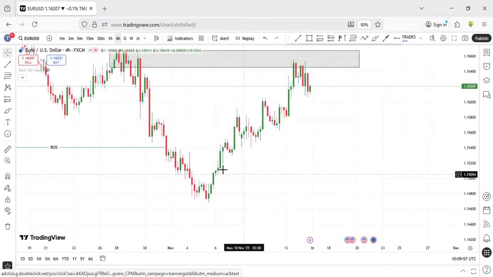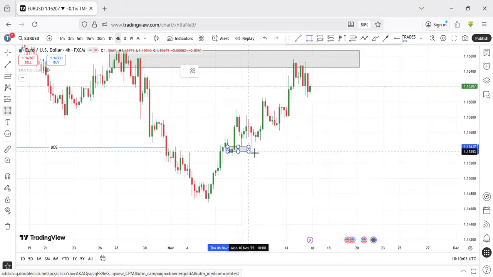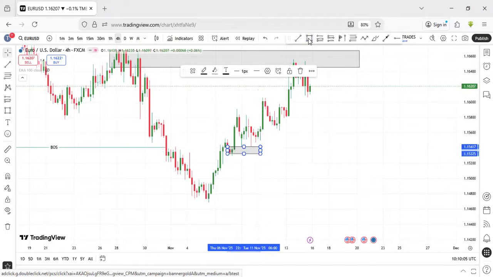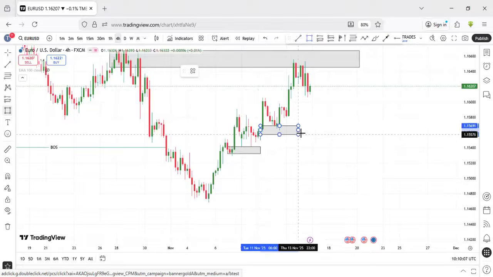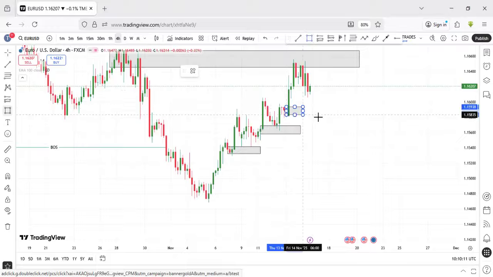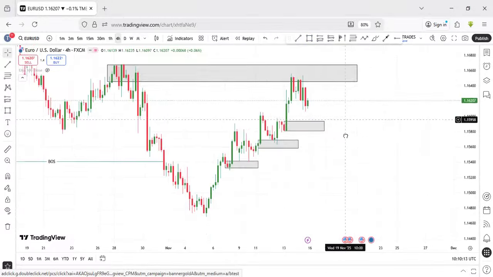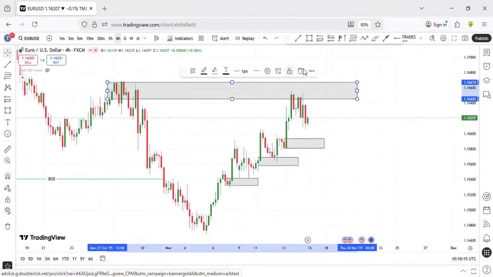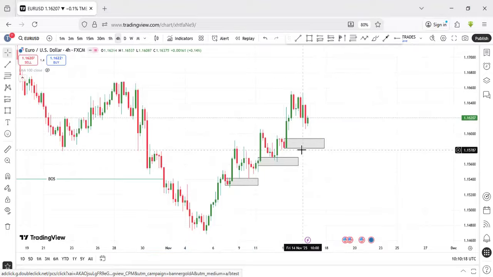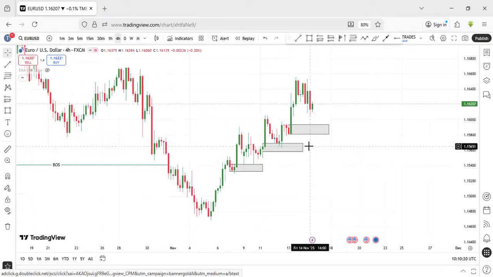Now, I want you to look at EURUSD carefully. You will discover that on EURUSD, whenever a high is created, the market always comes back to test that structure. And when you look at it now, we can see that one structure is not tested. Let's delete this. One structure is yet to be tested, and that happens to be this particular one.